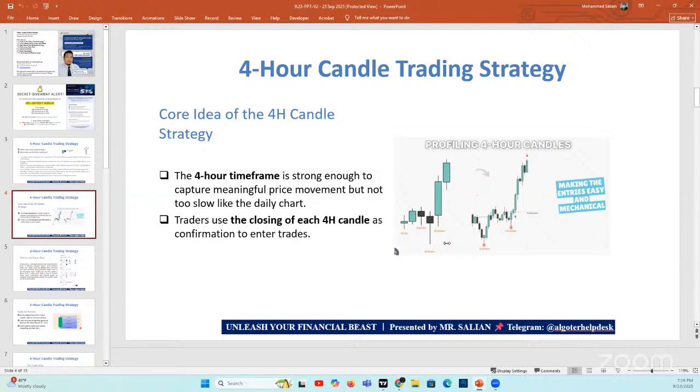Why do those professional, profitable traders who are earning thousands, hundreds of thousands, maybe millions of US dollars, have that kind of money?